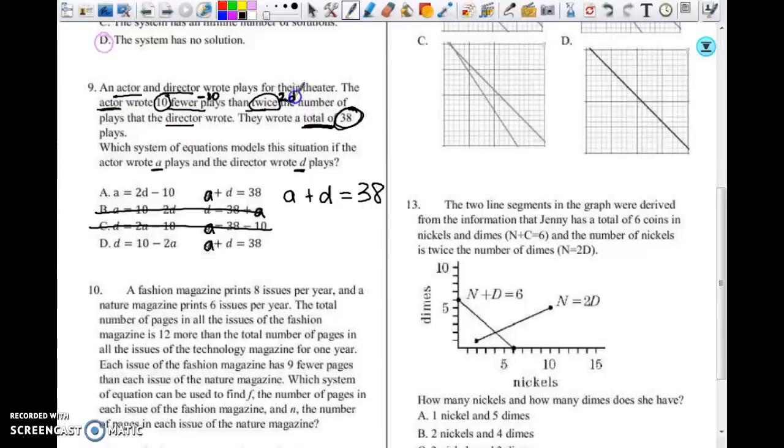So 2 should be multiplied to D. Okay, so the answer has to be A, because I know how much the actor wrote, and it was 10 fewer than twice the number that the director did. So twice the number tells me I need to have 2D. Right, twice is a sign I'm multiplying, and then 10 fewer tells me I need to subtract. So the answer has to be A.